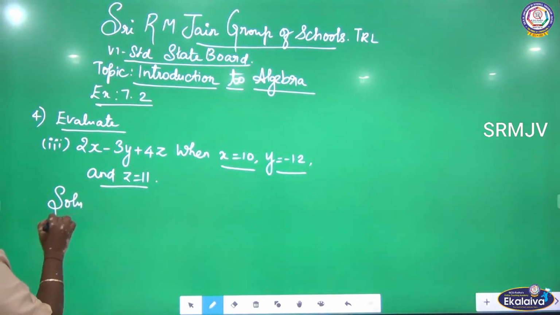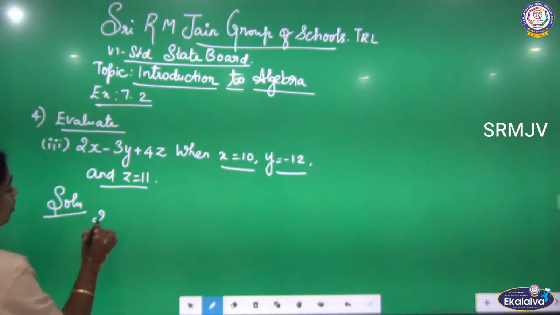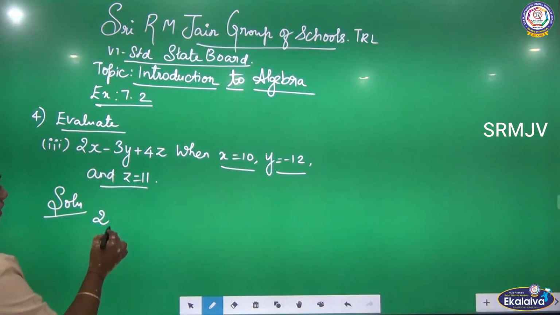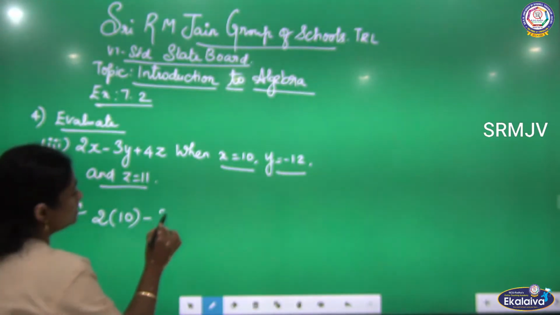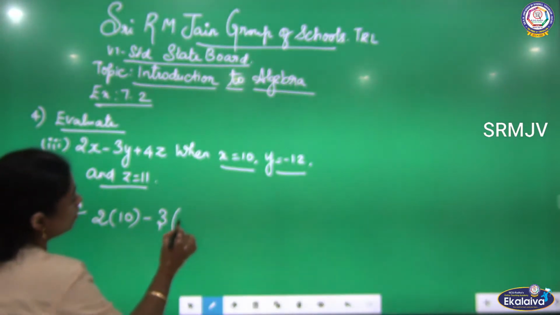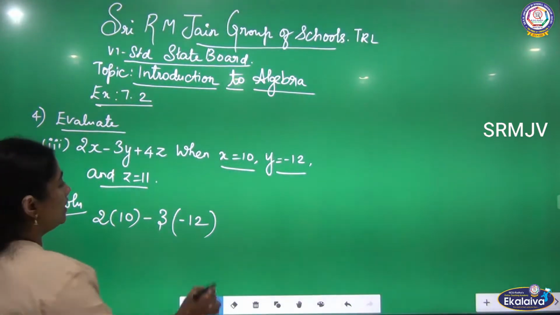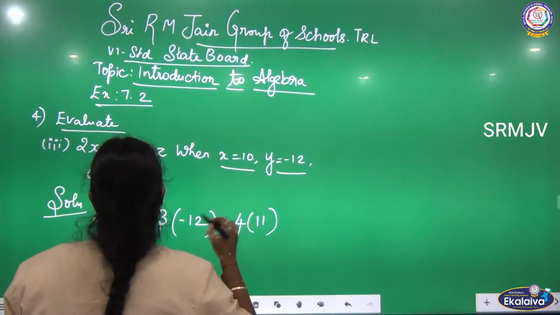Solution. Here 2x. So 2 into, substitute the x value given in the question, 10. So 2 into 10 minus 3 into, what is the y value given here? Minus 12. So substitute that minus 12 plus 4 into z, which is 11.